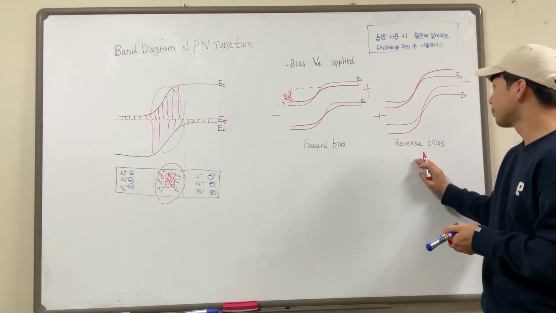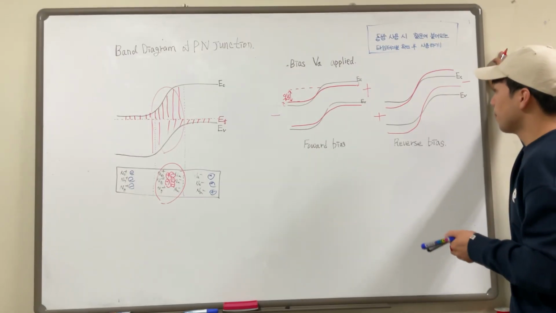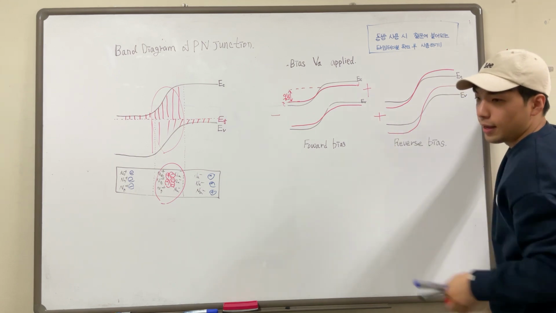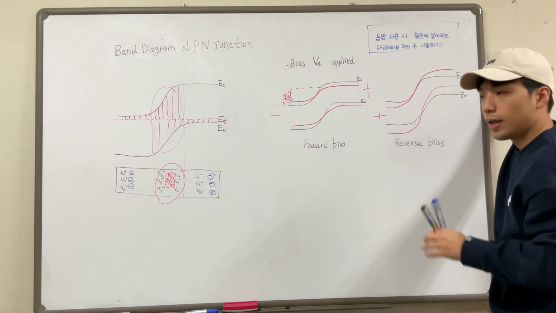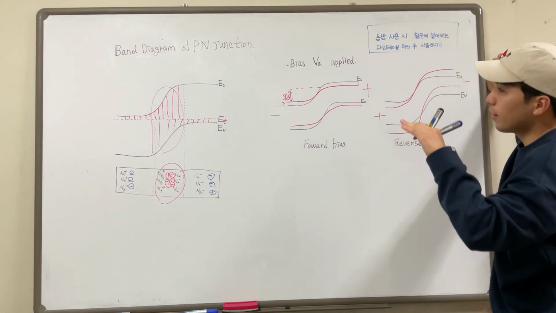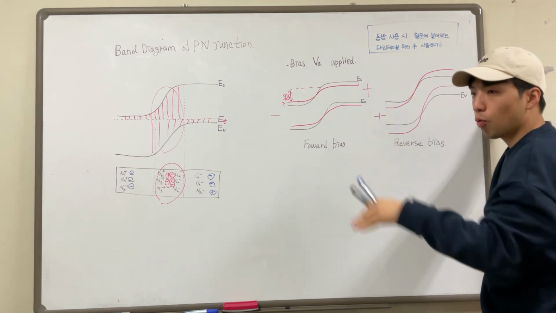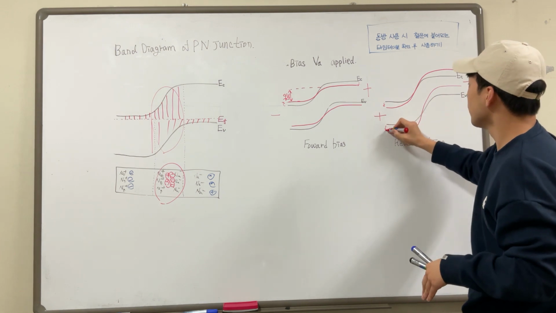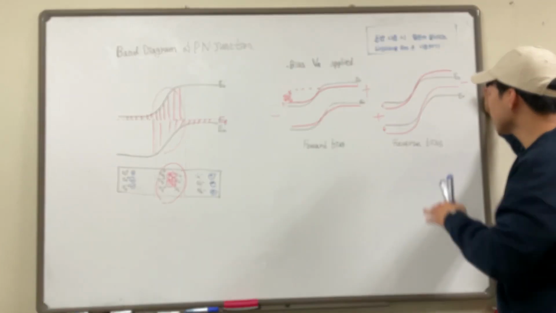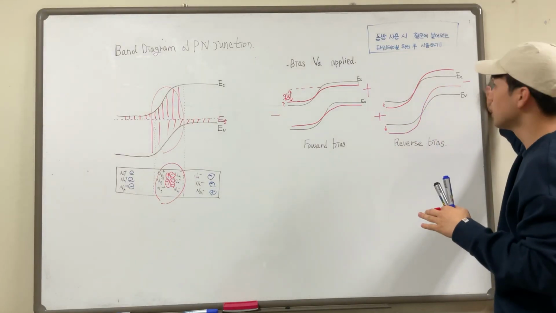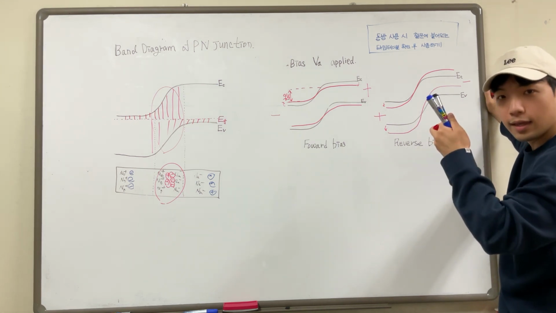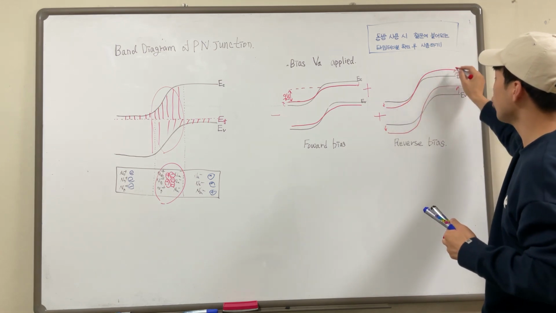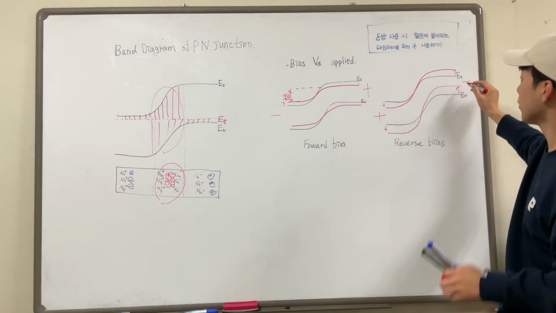In the reverse case, when the n-type semiconductor gets a plus charge, the energy band goes lower, and when the p-type semiconductor gets a minus charge, the energy band goes up. So we can draw the new red line graph.